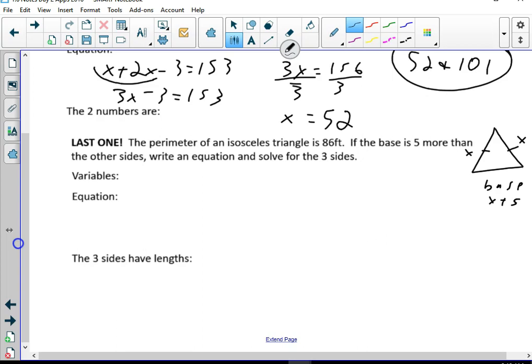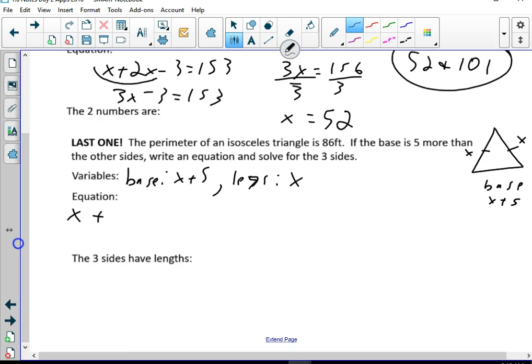x plus 5. So our variables: the base is x plus 5, and the legs are x. Now, how many sides in a triangle? 3.